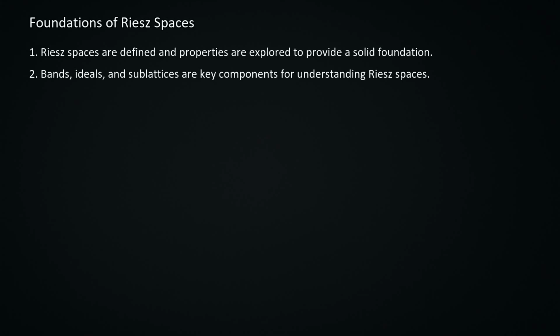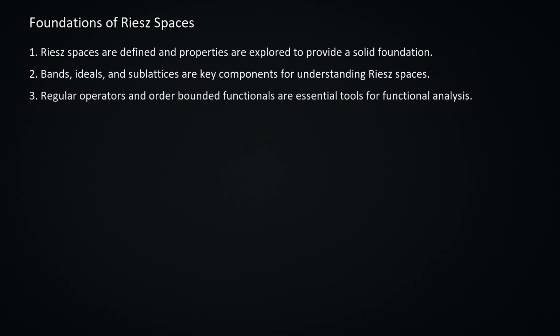A band is a closed ideal that contains all its order limits, while an ideal is a special subset where any element can be approximated by another within it. Sublattices are similar, but without necessarily being closed under the lattice operations. Understanding these components allows for a more nuanced analysis of Banach lattices.